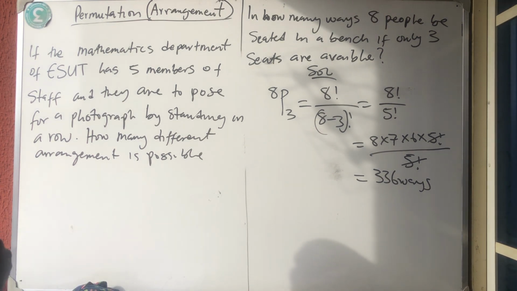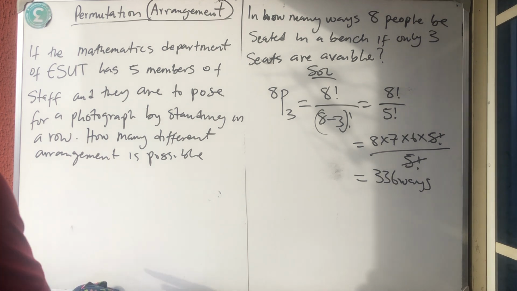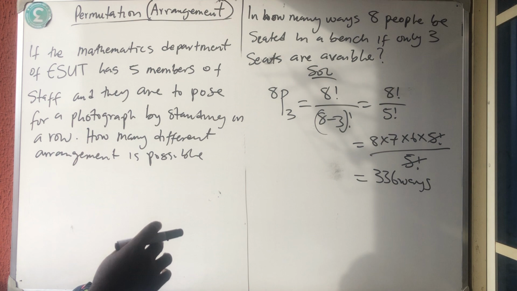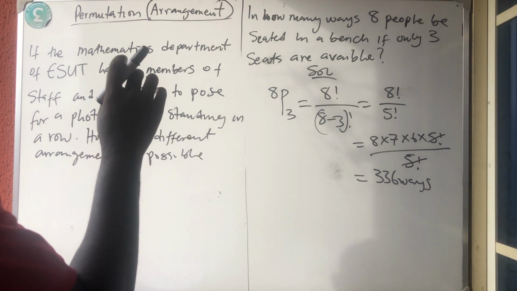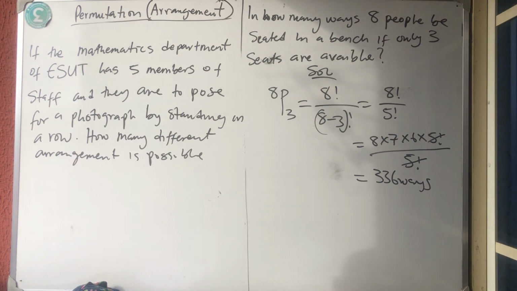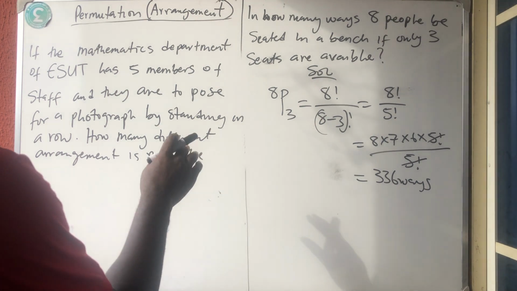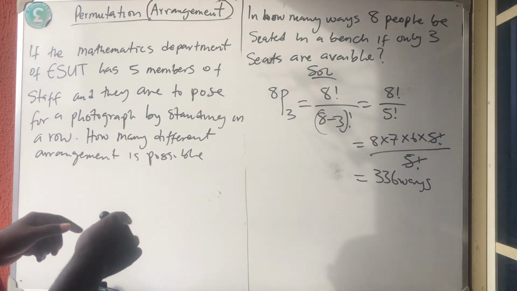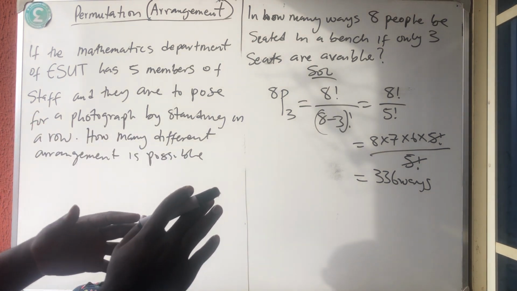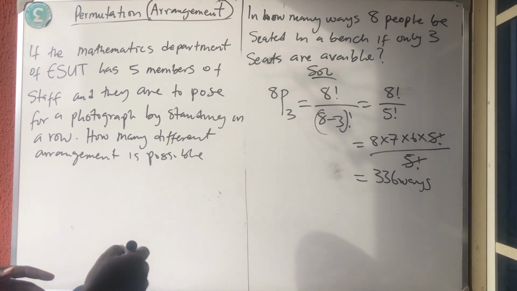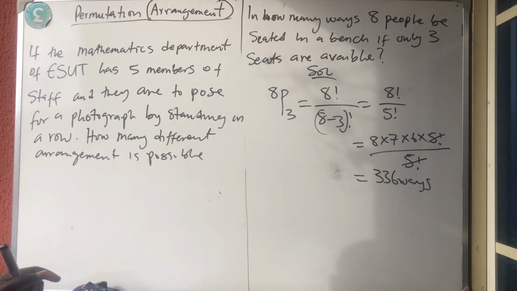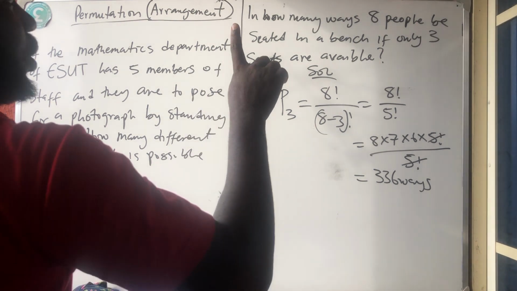Now they are to stand in a row, and they have 5 spaces to stand. Because somebody standing, you cannot say that there are 3, unless maybe you created a box and said that they have to stand inside that box. Watch this one.